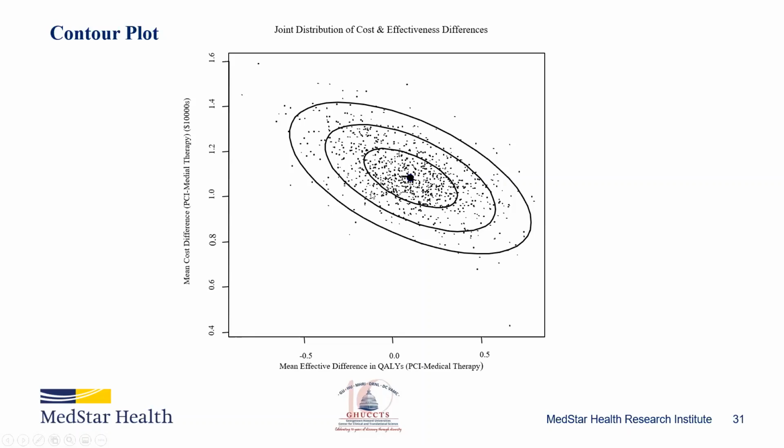Our middle ellipse is 95%, and then the outer is 99%. So we can see how much variability we can get based on drawing from the different theoretical distributions.